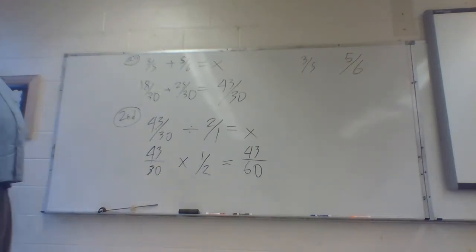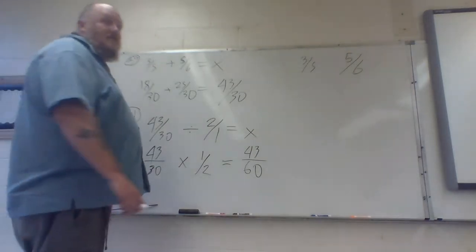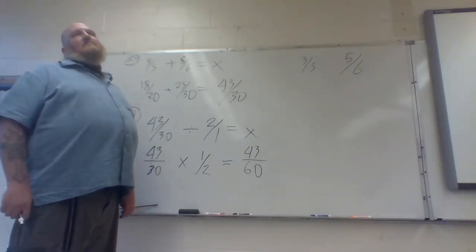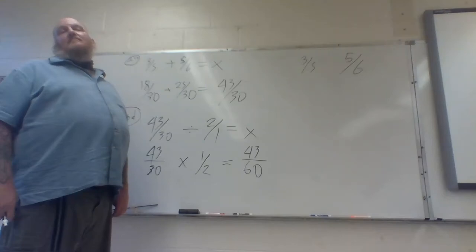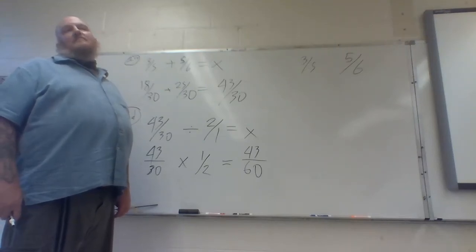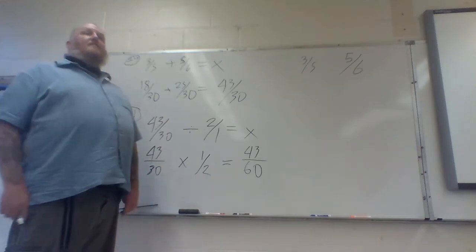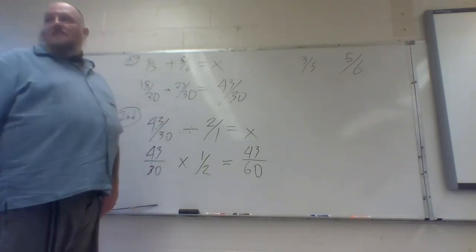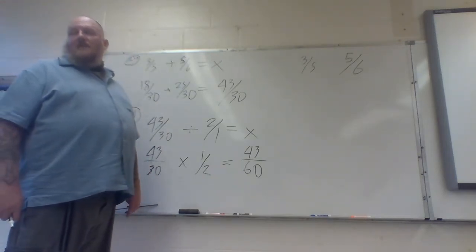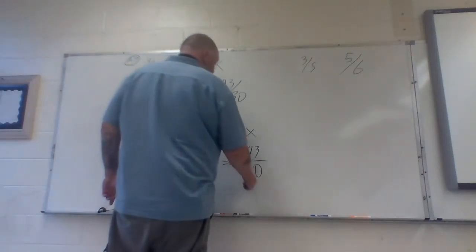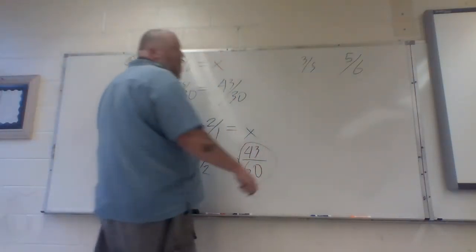Can you reduce 43 over 60? I don't believe you can. I believe 43 is a prime number. Anybody else agree with that? Yeah, like I say, I believe 43 is a prime number, so it's only divisible by 1.